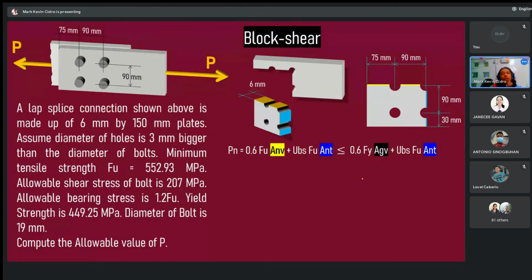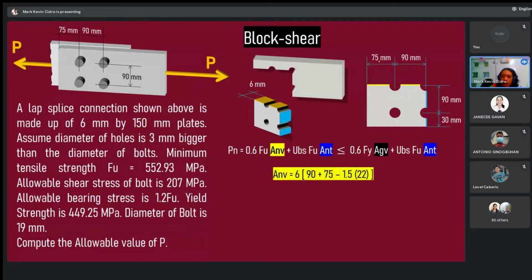Let's try to solve for Anv. Anv is equal to the net area for shear, this yellow one. That would be 6, that's the width, multiplied by the net length.